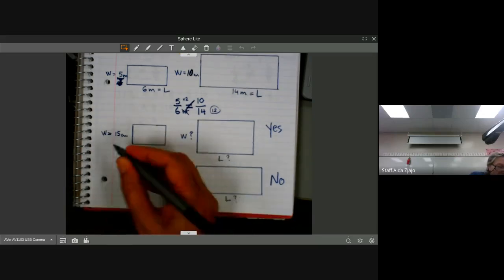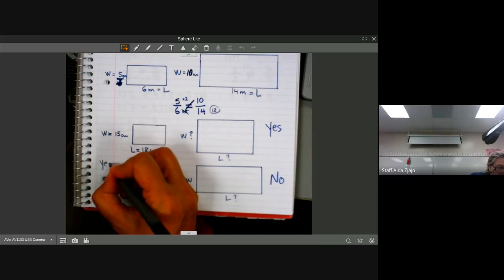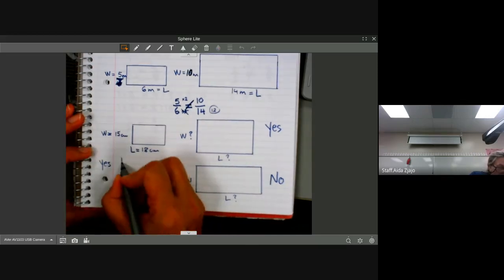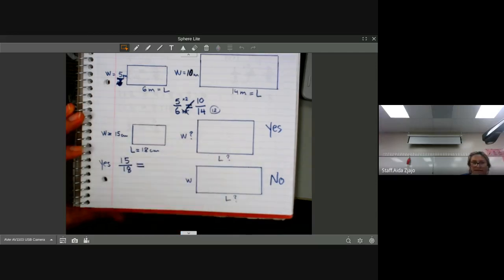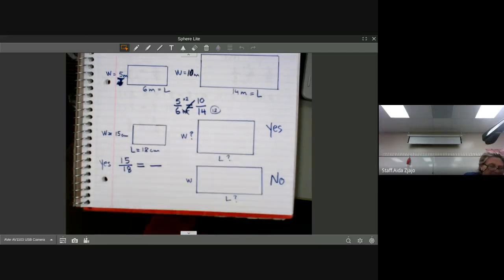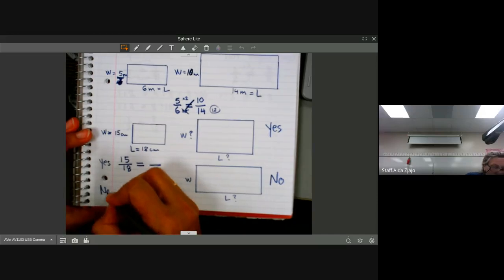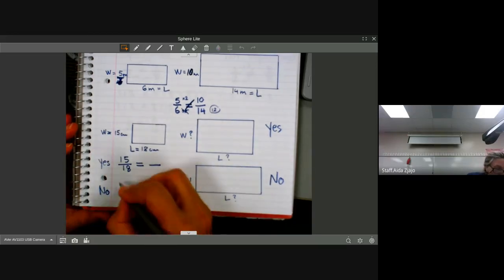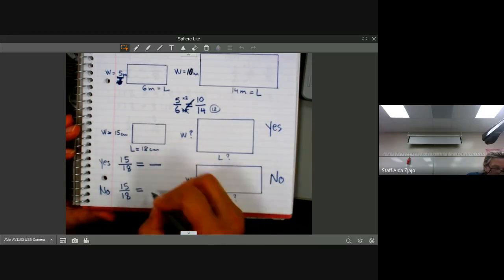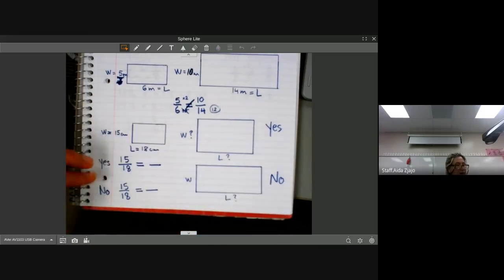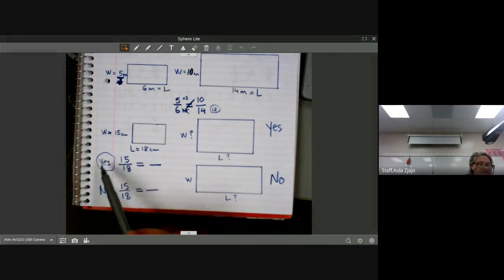So if you look, 15 and 18, give me something that is similar to it, and then give me a rectangle that is not similar to 15 and 18. Okay, go ahead.